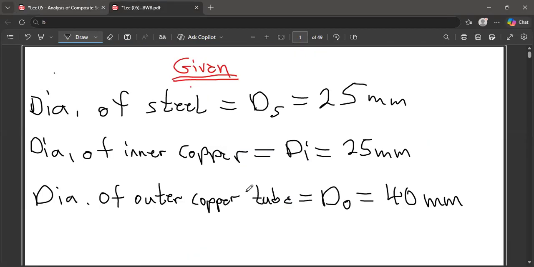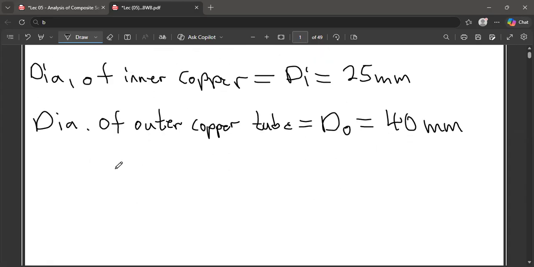If the compound bar is subjected to a load of 120 kilonewton, so let's say this is the load in tension.